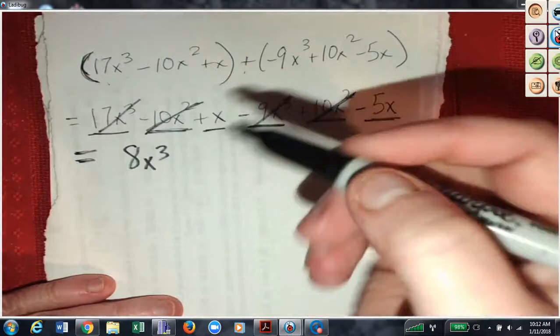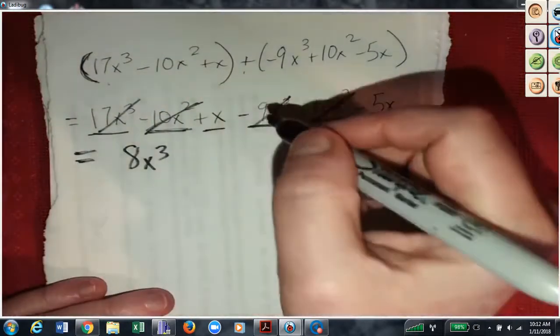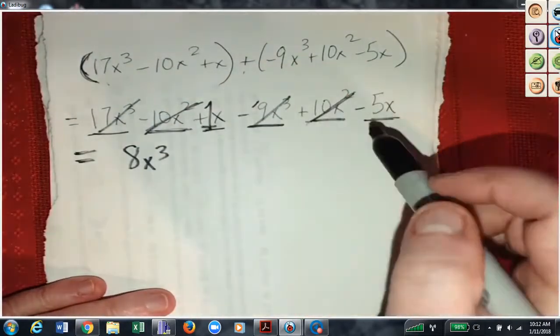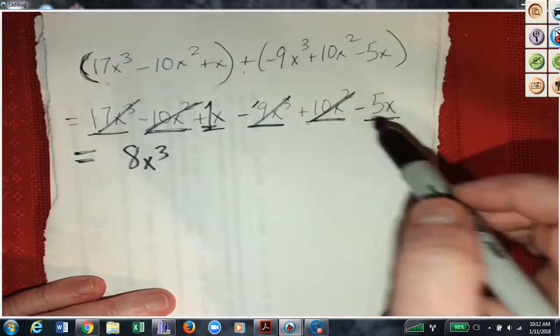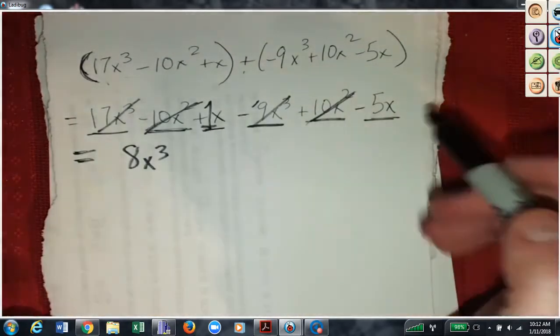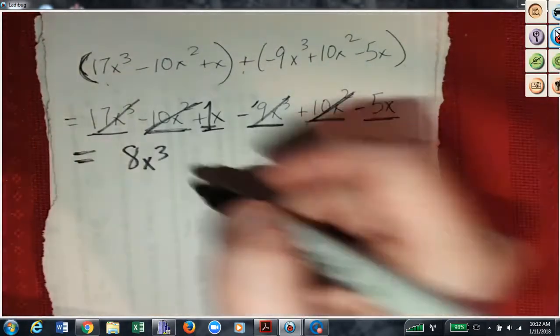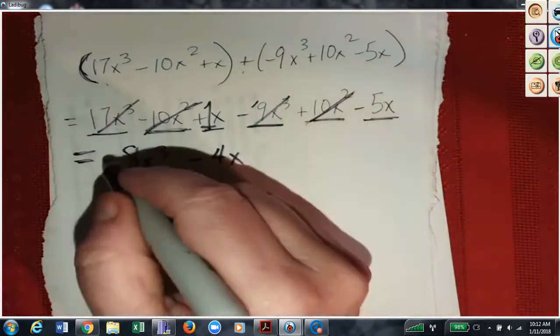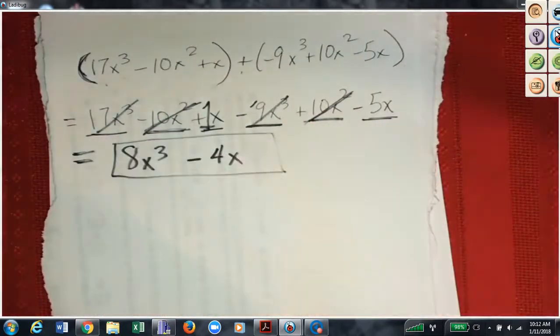Of course, if x is by itself, then that's the same as 1 times x. So x minus 5x is the same as 1x minus 5x. 1 minus 5 is negative 4. So x minus 5x is negative 4x. And that is our answer.